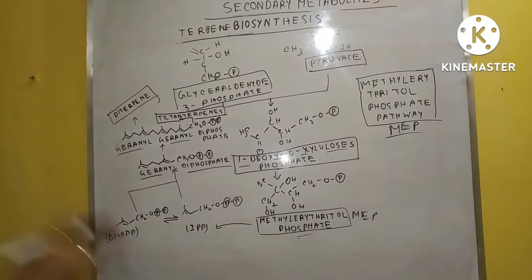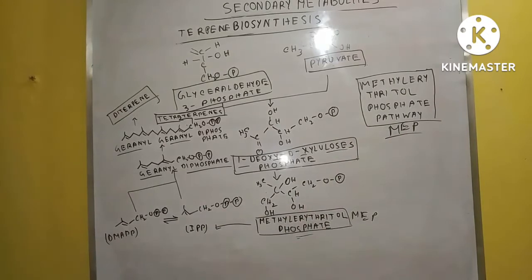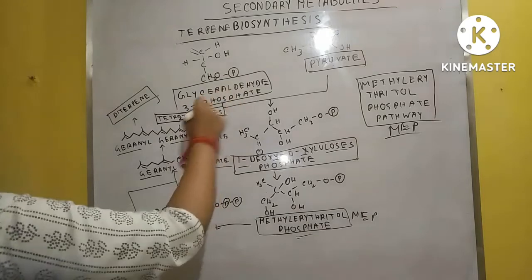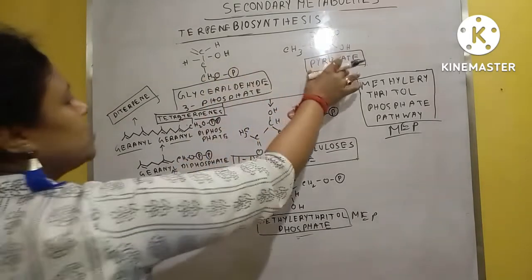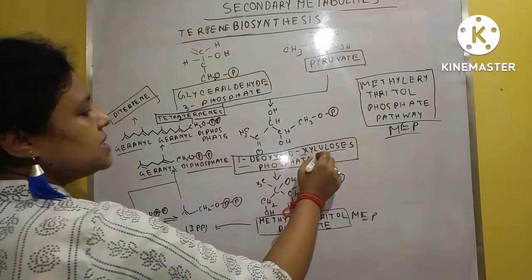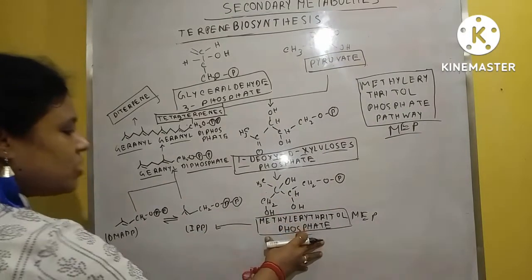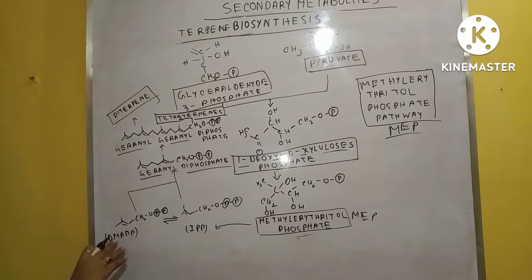Okay, I repeat again. This is the MEP pathway or methyl erythritol phosphate pathway. What happened here? The glyceraldehyde 3-phosphate and pyruvate both added to form 1-deoxy-D-xylulose phosphate. Okay, from this methyl erythritol phosphate is formed, and from methyl erythritol phosphate, IPP and DMAPP are formed. Clear?